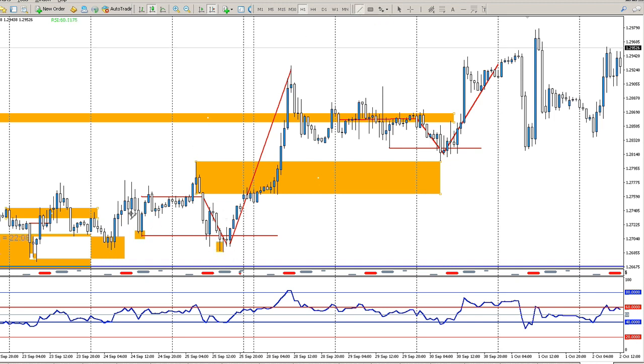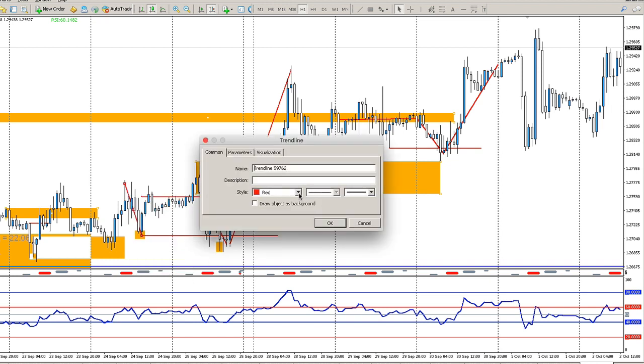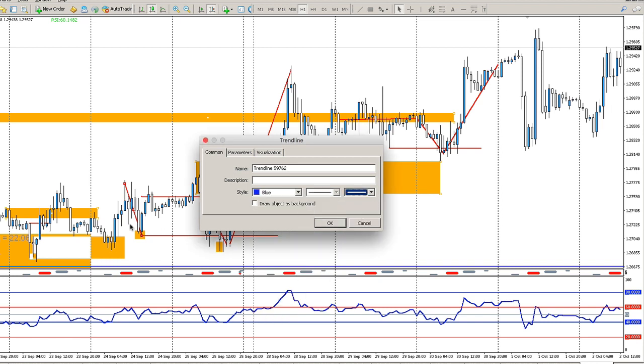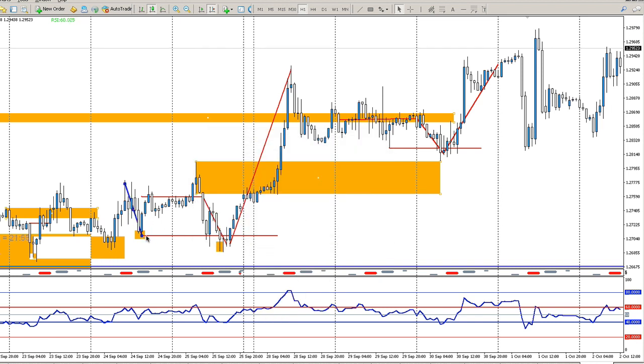So the breaker move, I'll do this in a different colour, blue thick. The breaker move would look like this in simple terms. Low, lower low. Breaks it. Returns. And rallies off. So the return to origin is here.